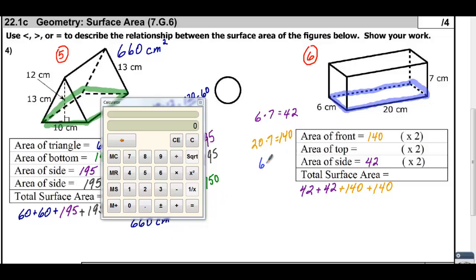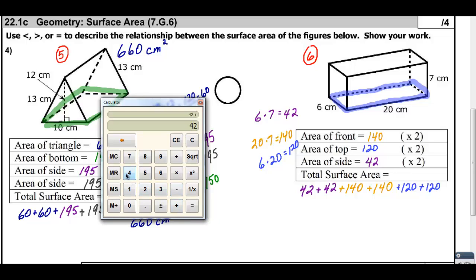We have 6 times 20. Well, 6 times 2 is 12, so 6 times 20 is 120. So the top is 120, so is the bottom. So I'm going to add that 120 two different times to my total here. I can now see 1, 2, 3, 4, 5, 6. Great. Let's add those all together.